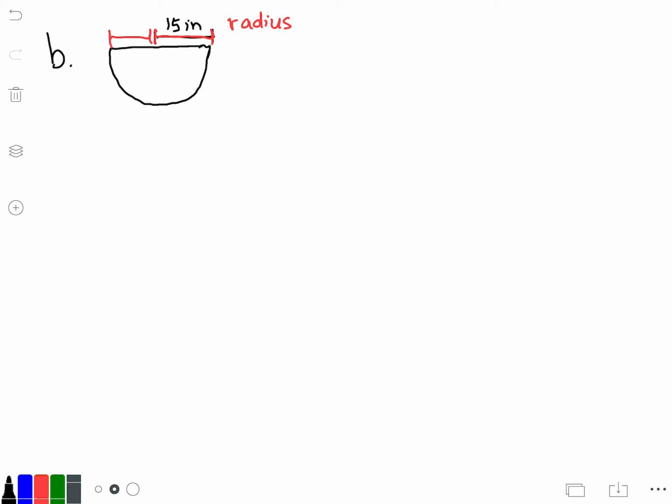So if you start by finding the circumference of your circle, if it were a whole circle, you would probably want to use 2 pi r this time, because the radius is what's given. But remember, since this is a semicircle, we're going to end up dividing by 2 at the end anyway. And so, what's kind of cool is when you multiply by 2 and you divide by 2, they end up canceling out anyway.